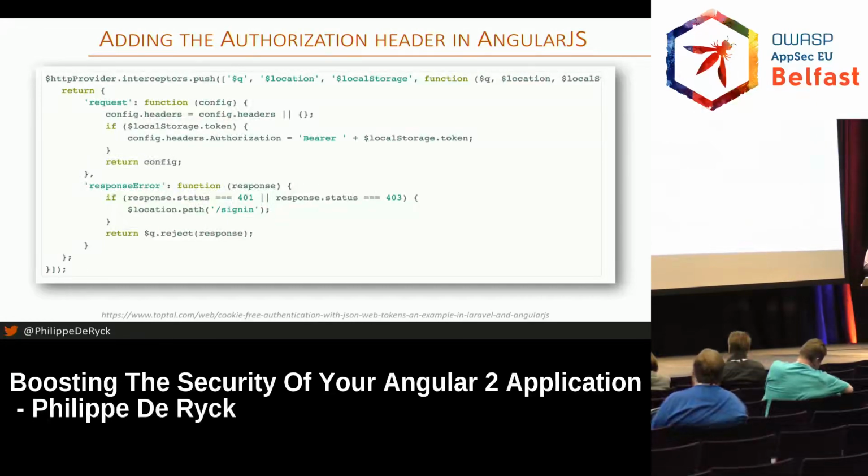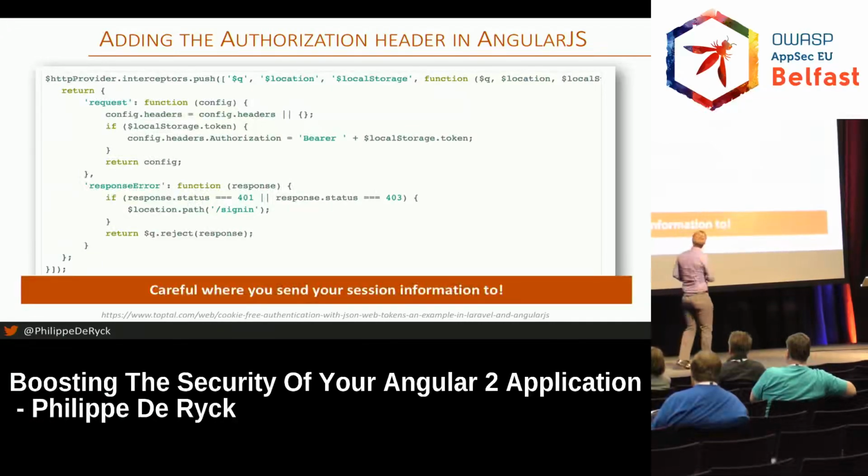There are actually two problems. Who can spot one? No? The first, this kind of assumes that you only contact your own API. So this attaches a token to every outgoing request.